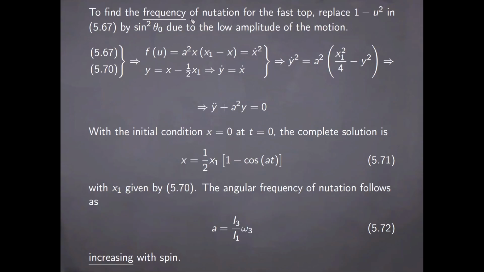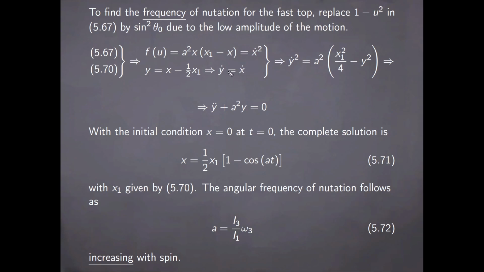To find the frequency of nutation for the fast top, we will approximate 1 minus u squared in equation 557 with the squared sine of theta 0, and this is due to the low amplitude of the motion. Then if we put 567 and 570 together, we can recast f of u in the form of this differential equation, and we can change the variable x to a new variable y, which is defined in this way, and its time derivative will be equal to the time derivative of x.